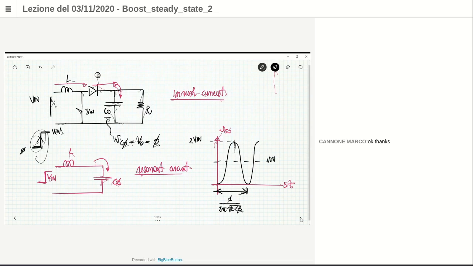So, what does it mean? That if you design your boost for having an output voltage which is less than 2 times V in, so a conversion ratio less than 2, of course, this is a problem because you are reaching output voltages that are larger than the value that you are expecting in nominal condition.